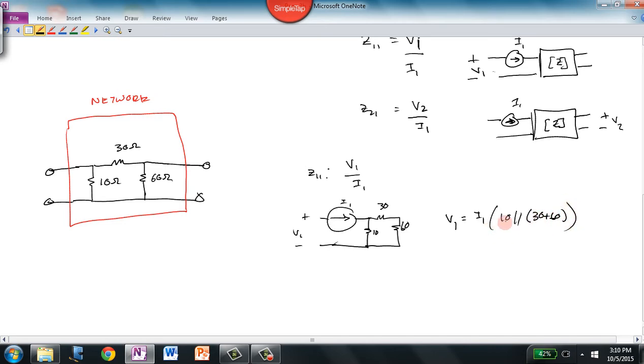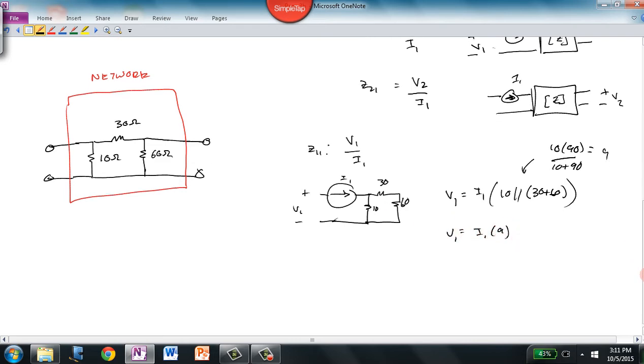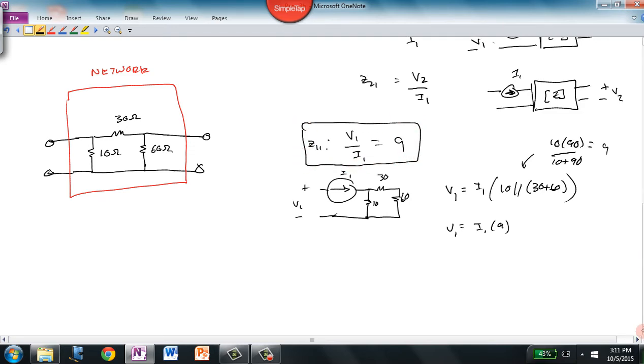So series combination, parallel combination. So that's 10 times 90 over 10 plus 90, and that gives me 9. So V1 in this orientation is equal to I1 times 9, which means the port parameter Z11 is equal to 9. So that's the calculation of Z11 for this network.